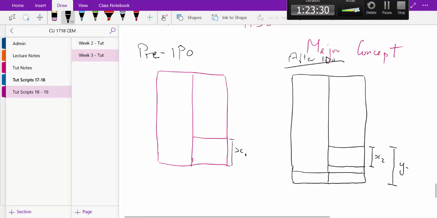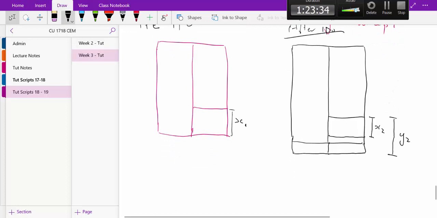Let's call this Y2. Okay, so when you need to determine just exactly how much you own, there's the numerator, there's the denominator. So the denominator will always be the total number of shares. So if there has been new shares issued, then the total number of shares would be Y2, of course.